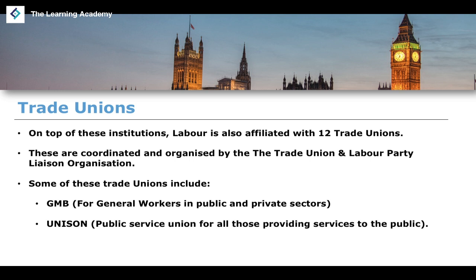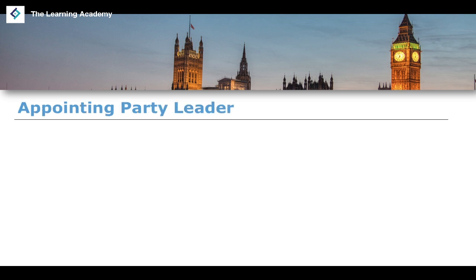And because Labour is historically seen as the party for the worker and the working class, we see that trade unions are often closely affiliated with the Labour Party, which is why we have 12 affiliated trade unions with it.